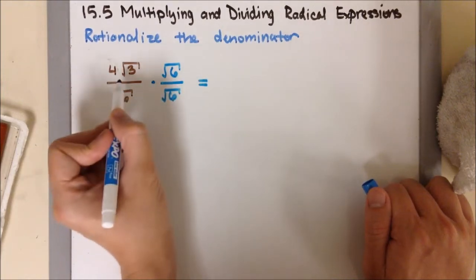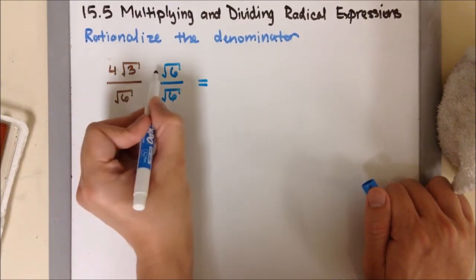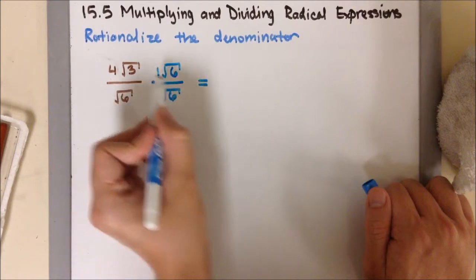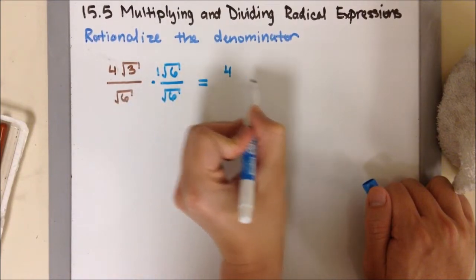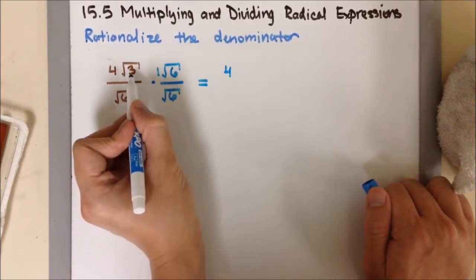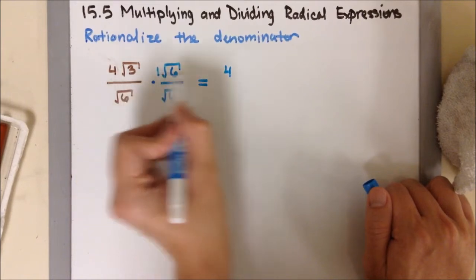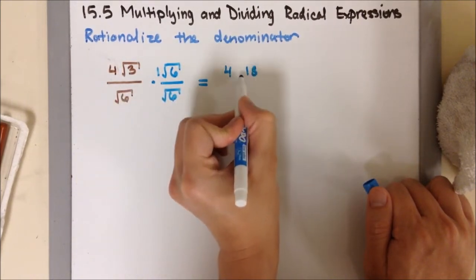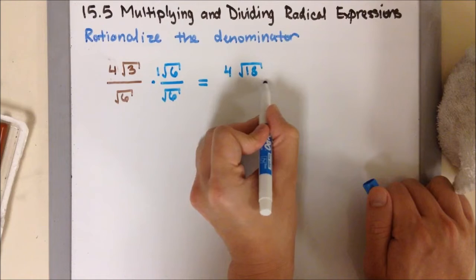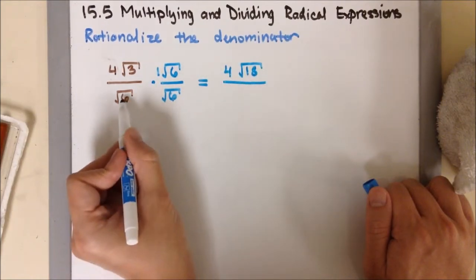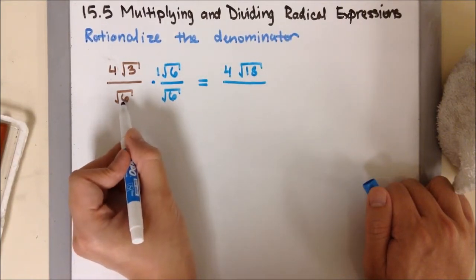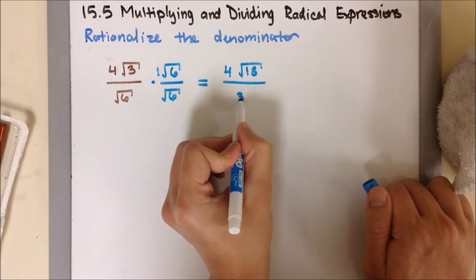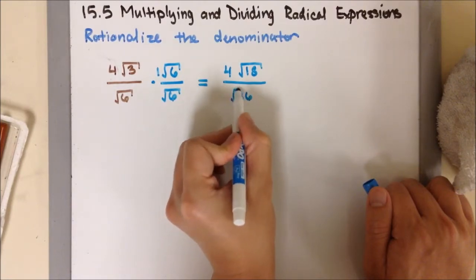When I do that, the 4 is going to multiply with the invisible 1 that's outside, so I'm going to have 4 outside the square root. Then 3 times 6 is 18 inside the square root. On the bottom, it's going to be 6 times 6 inside the square root, so that means it's going to be 36 inside the square root.